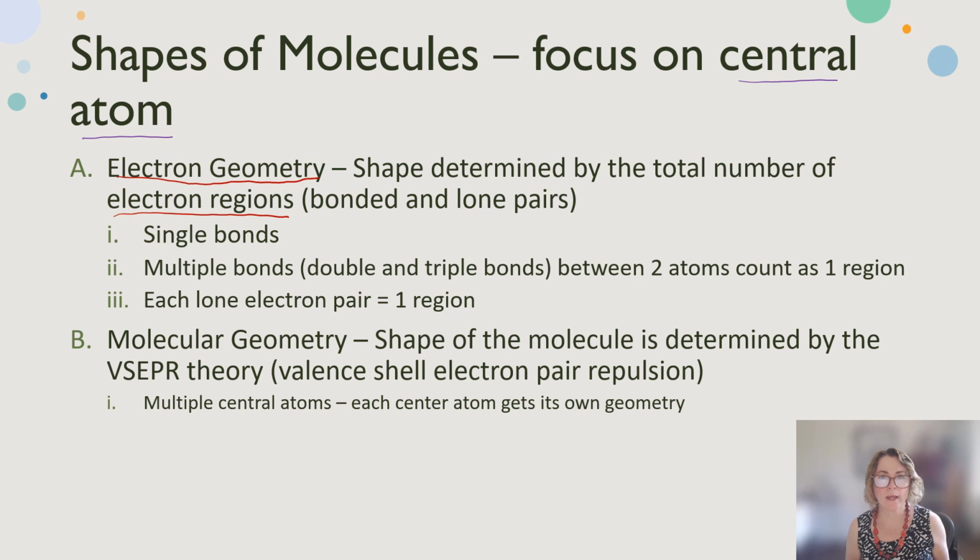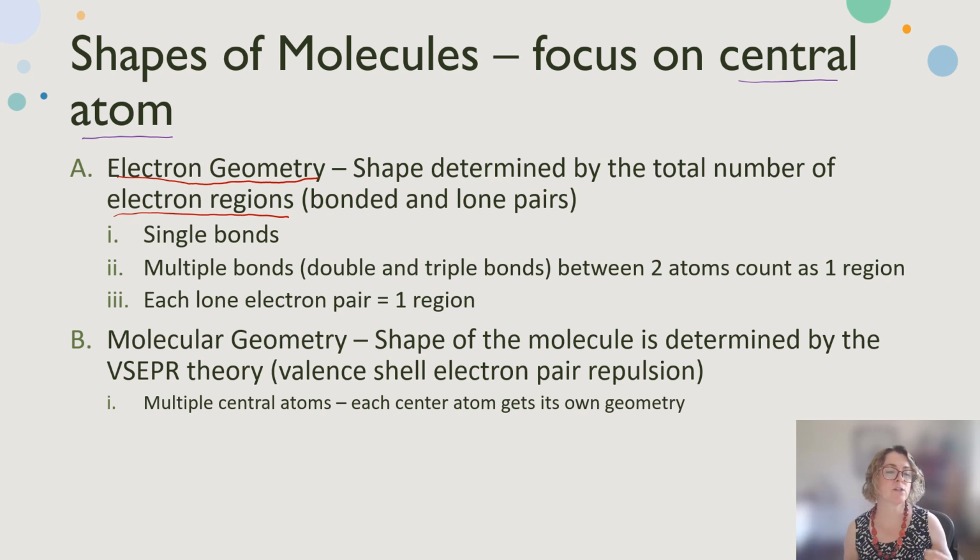Now, the reason we care about this is that these electrons are going to try to get as far away from each other as possible. Like charges repel, and so that's going to push those electrons away from each other. They're all negatively charged, and so they're going to try to space themselves out to increase the distance.